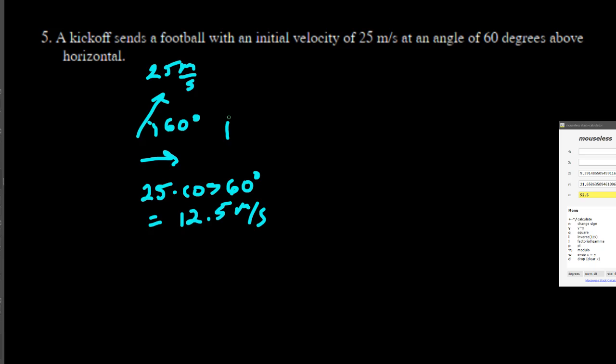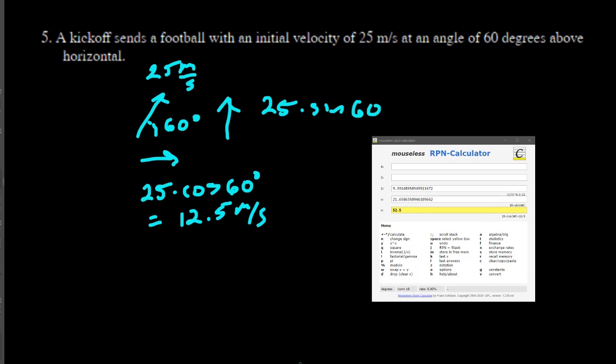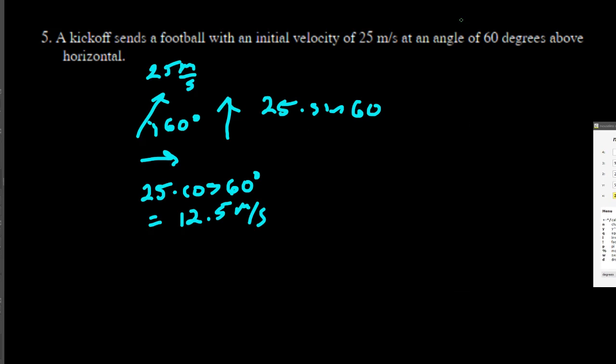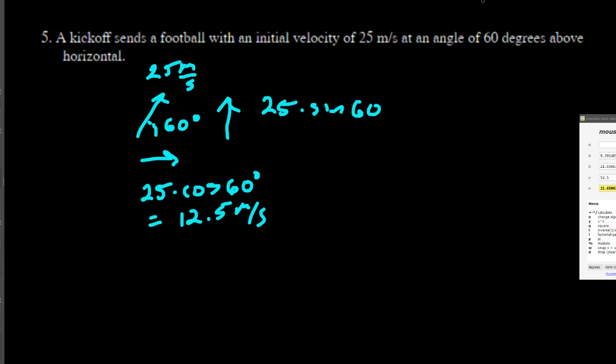The vertical portion will be 25 times the sine of 60, which is 21.6. I'll round it to 21.7. So that's no different, we can't really skirt around that.